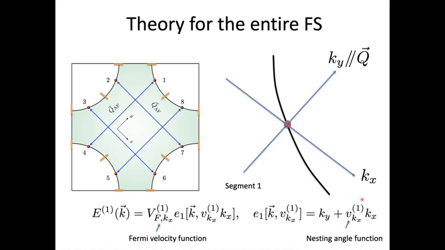But in general, v is non-zero, and furthermore, is momentum dependent. So v denotes the deviation away from perfect nesting. Okay, and here there's no full SO(2) rotation symmetry, so I have to keep these functions as general functions.